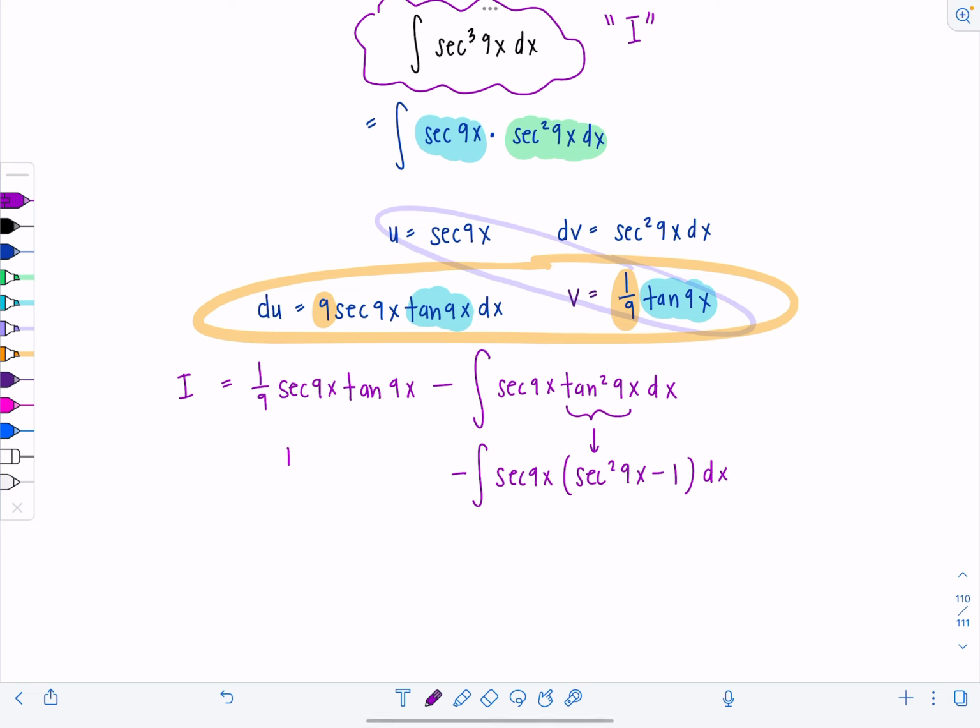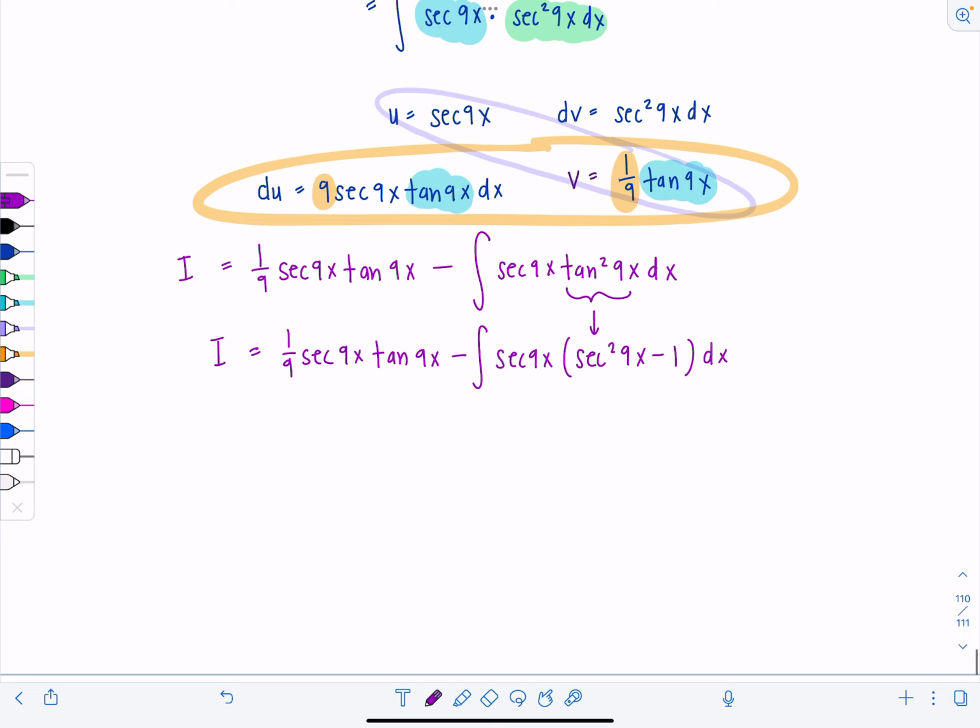Yes, we do. Okay, great. And this all equals integral I. Where am I going with this? Okay, we're going to distribute. Ba-doom, ba-doom. So write out everything every step of the way. When you get lazy is when careless mistakes happen.